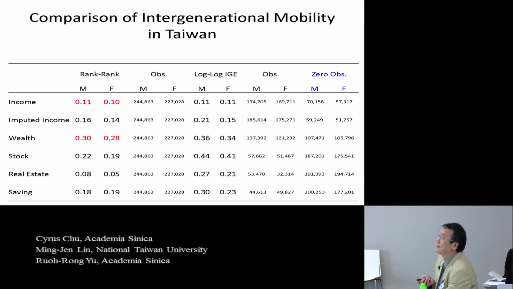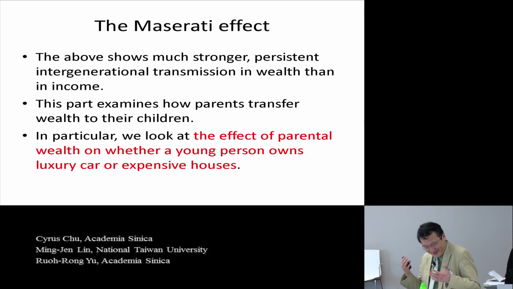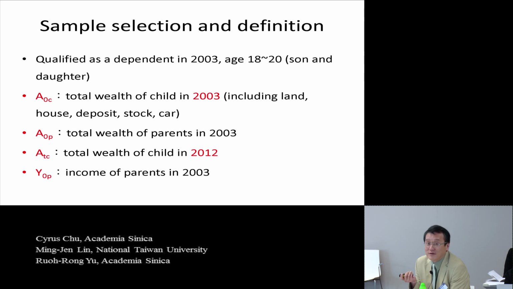Okay, this is a preliminary study. We try to see what kind of people will own expensive cars. We also estimate the wealth transmission. A0C, the 0 is the year 2003, C is child.